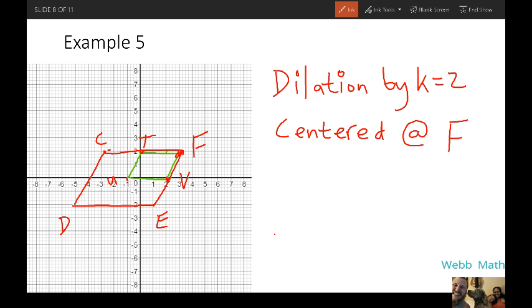It's no longer at the origin. It's just expanding outward from point F. And that's what we mean by the center. It's like, here's your flashlight, and you're just reflecting a big, huge shadow off the green parallelogram.